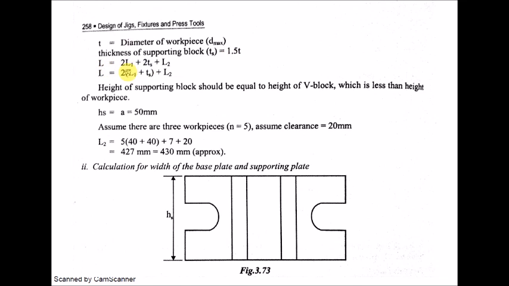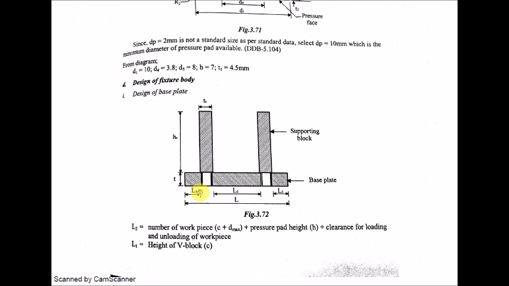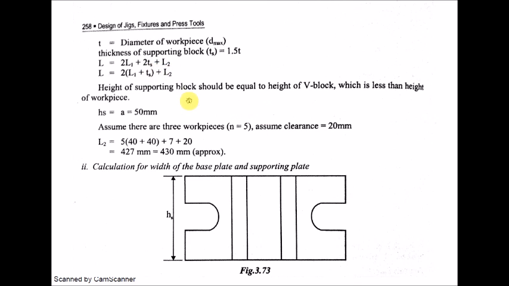Total length L will be 2L1 plus TS plus TS, so it is 2TS, plus L2.